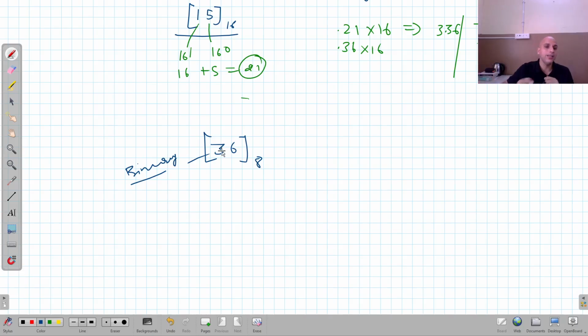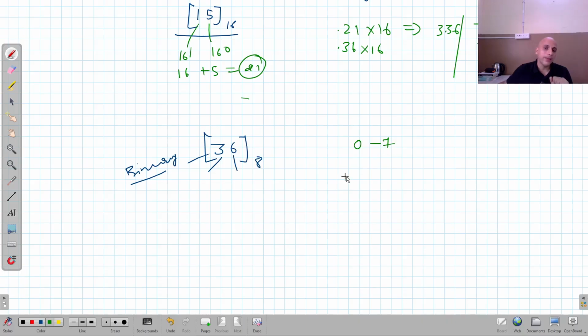That method is to represent these numbers in their corresponding binary bits, right? We know very well the octal number. Octal means 8, right? 0 to 7.